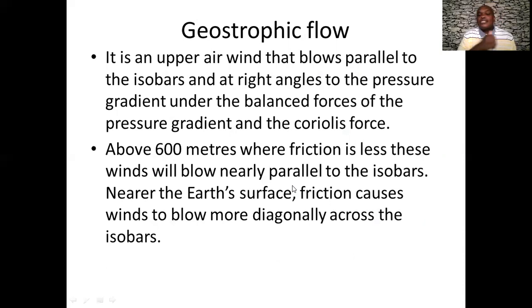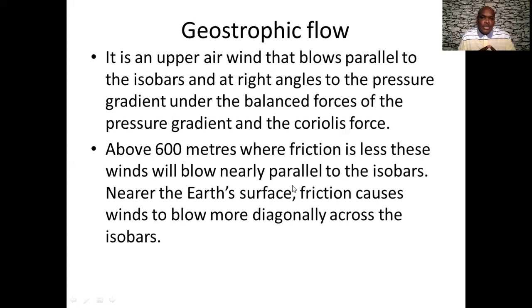Then, lastly, we are going to discuss geostrophic flow. What is geostrophic flow? Geostrophic flow is an upper air wind that blows parallel to the isobars and at right angles to the pressure gradient, under the balanced forces of the pressure gradient and the Coriolis force.